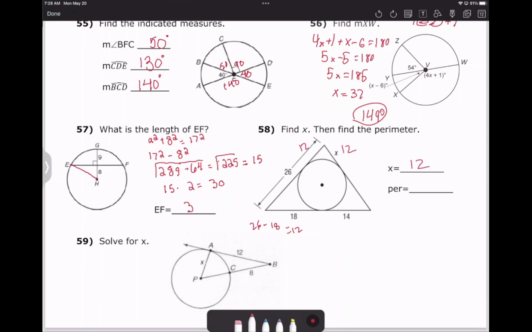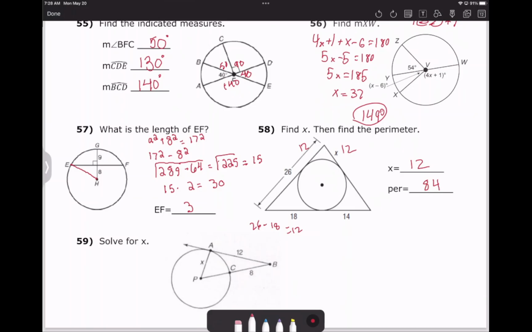So x is 12. 26 minus 18. If it was 28 minus 16, you'd be correct.